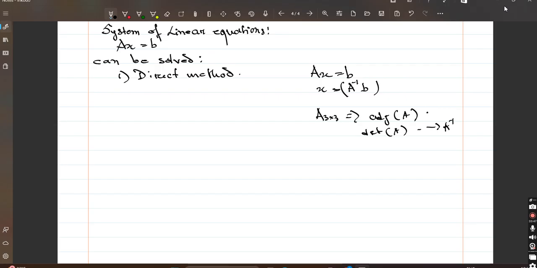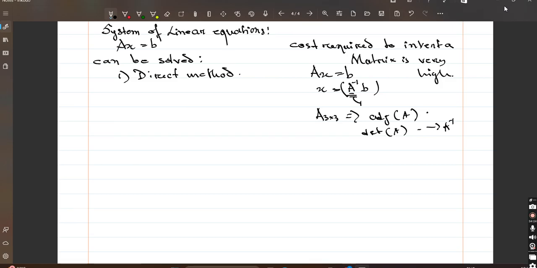Okay, and we generally do all our CFD calculations in a computer. What we have seen through many experiments and studies is that the cost required to invert a matrix is very high.